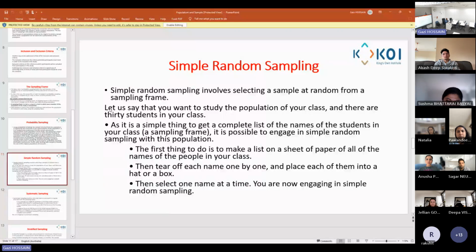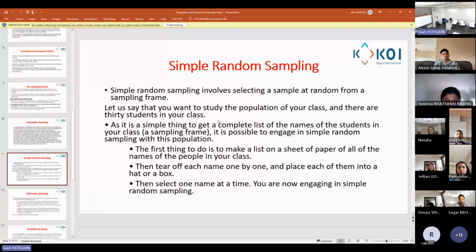So simple random sampling is selected. Let us say that you want to study the population of your class, and there are 30 students in your class. You want to draw a sample from this population of 30, and you want to select, for example, 10.